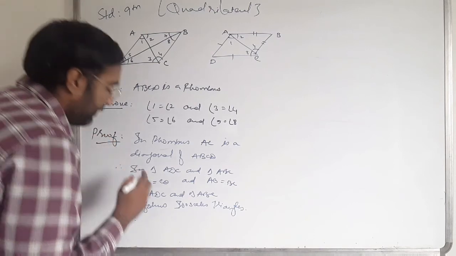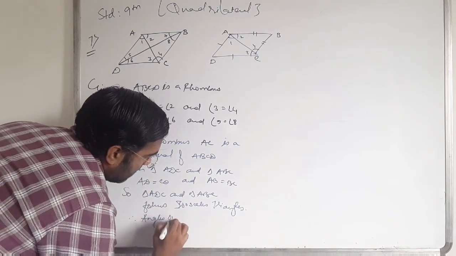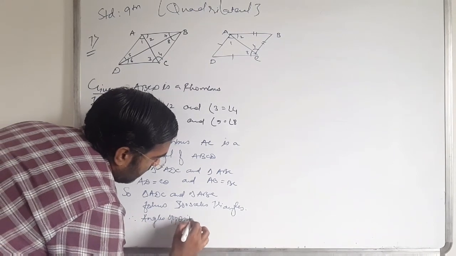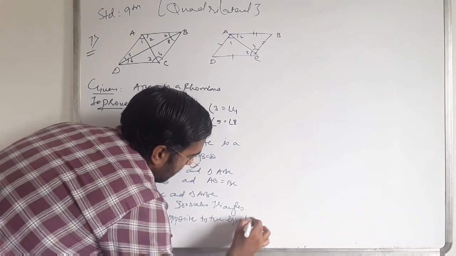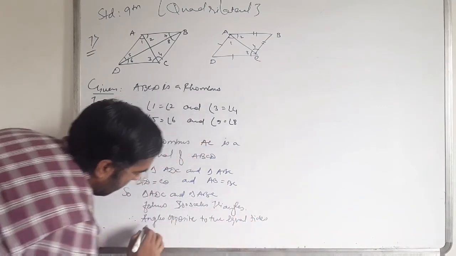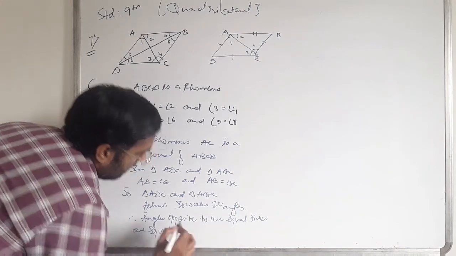We know that. Therefore, angles opposite to the equal sides are equal.